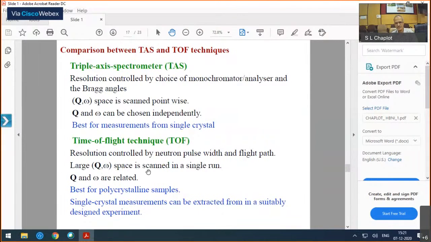There are some relations between Q and omega, but this is quite okay. These techniques are usually best used for polycrystalline samples, where one really needs the overall picture in the Q omega space. However, single crystal experiments can also be done by taking data suitably out of the range of Q and omega.